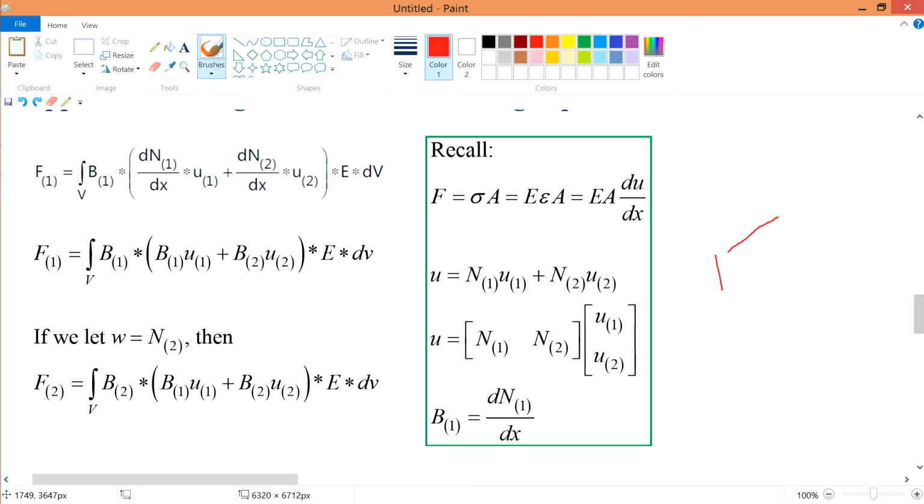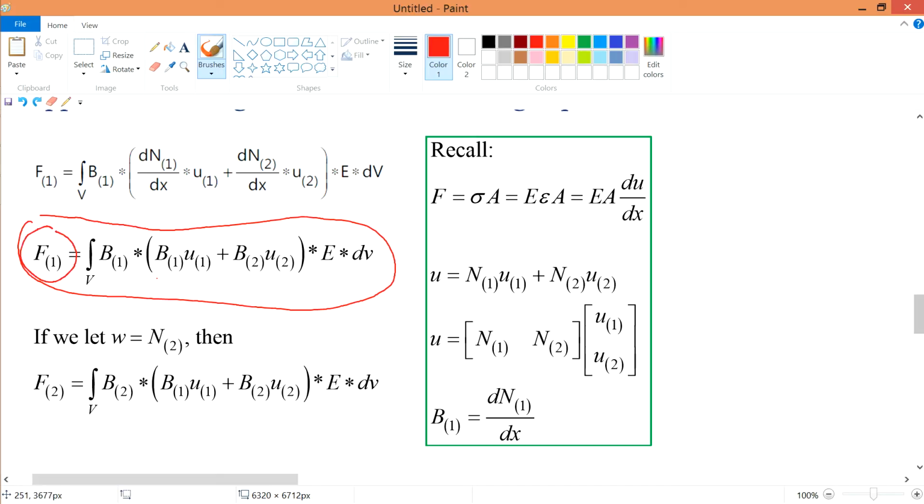So in the end you have something like this. So it's somewhat the displacement matrices, something like the strain displacement matrix. So you just substitute your dN1 as B1, substitute your dN2 as B2. Okay, so far so good. And therefore you have this form, F1 is equal to this thing. Alright, so therefore this thing over here represents your force 1.